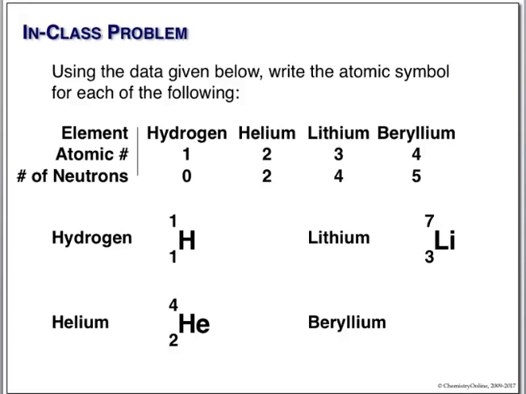Our symbol over here is Be. 4 plus 5 is what? It's a 9. We have 4 as our atomic number. Beryllium, mass number of 9, 4 protons.